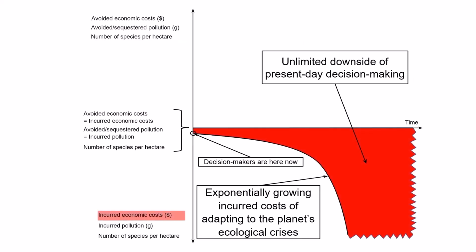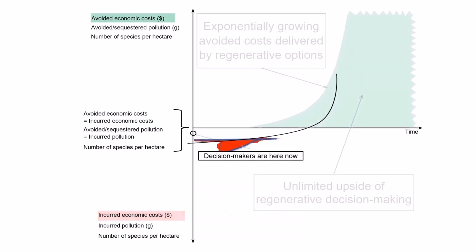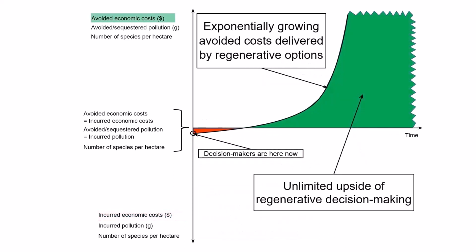And from an unlimited downside of exponentially growing incurred costs of adapting to the planet's ecological crises to an unlimited upside of exponentially growing avoided costs delivered by regenerative options that decision makers want to adopt.